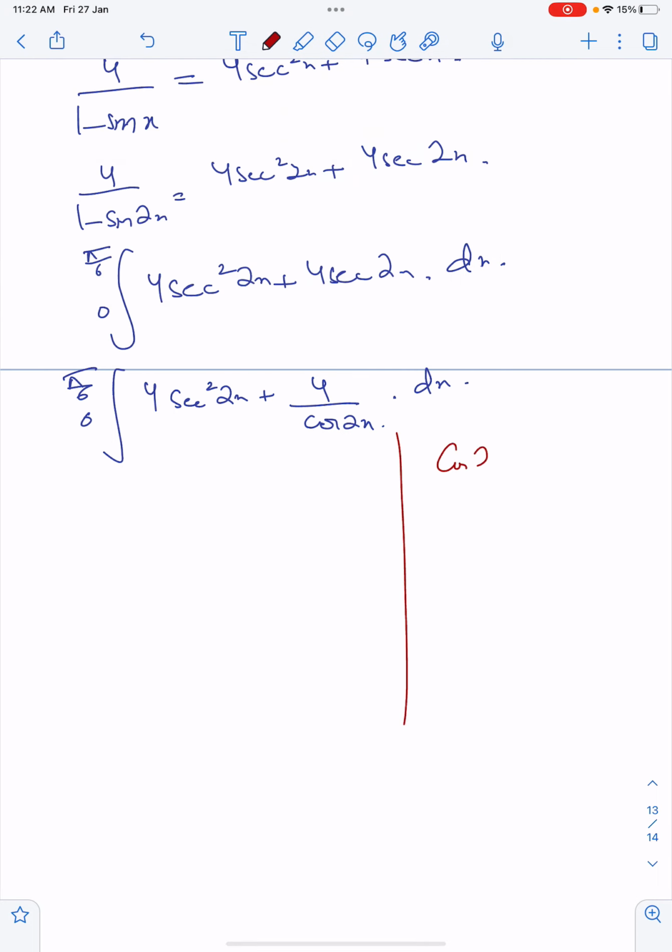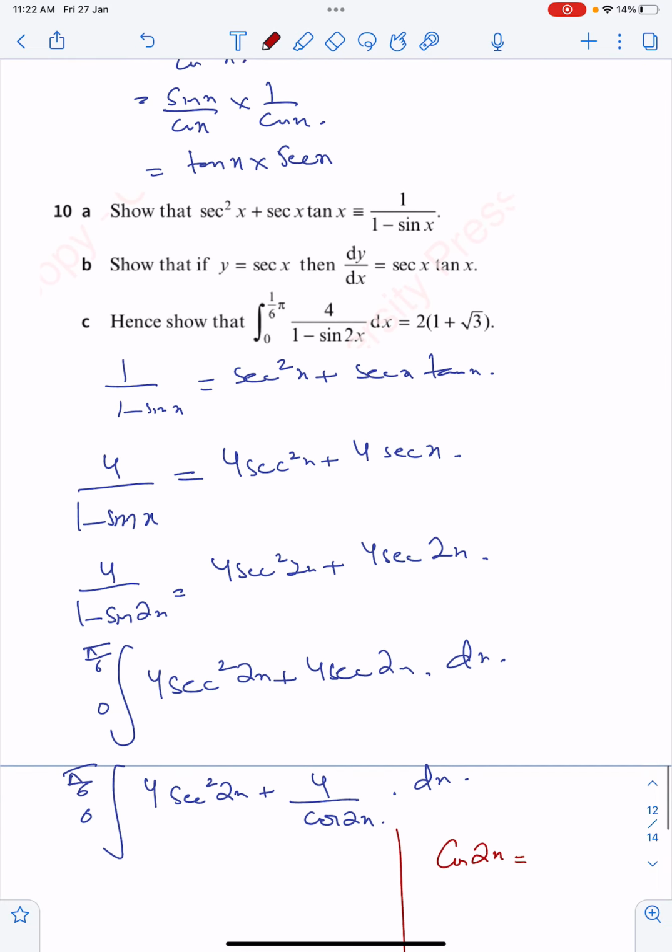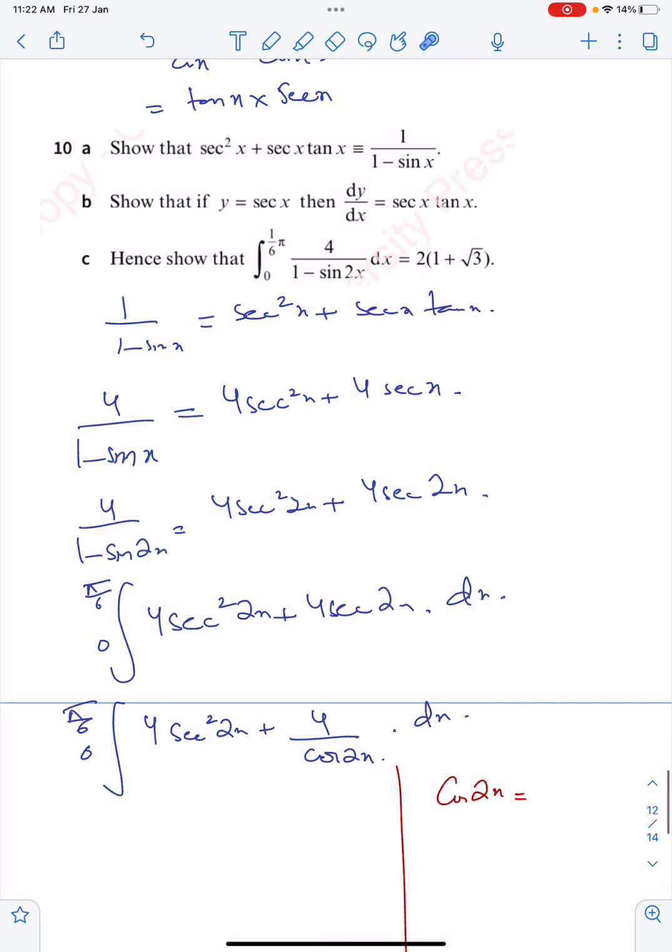I know cos of 2x. If I take help from here, y sec of x dy by dx is going to be this.